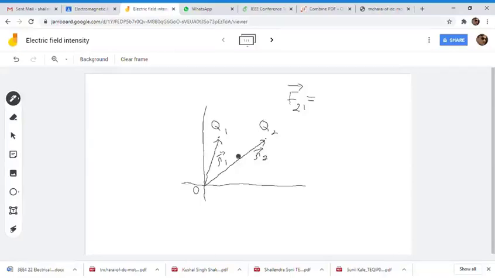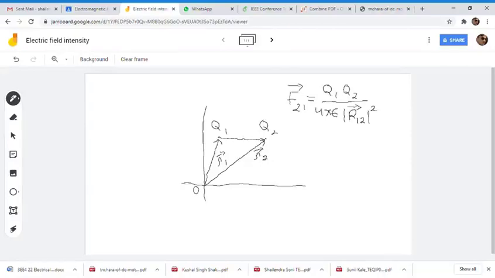This will be proportional to the magnitude of Q1 times the magnitude of Q2 divided by 4 pi epsilon, the permittivity, and inversely proportional to the square of the distance between Q1 and Q2. I denoted this as R12.